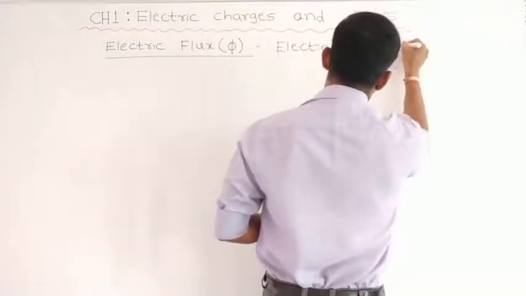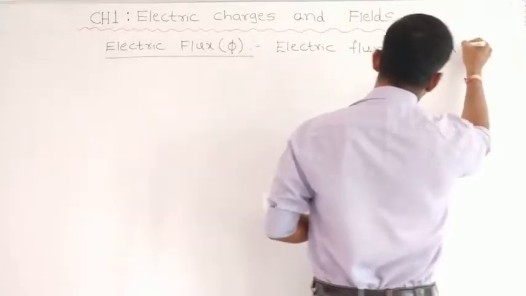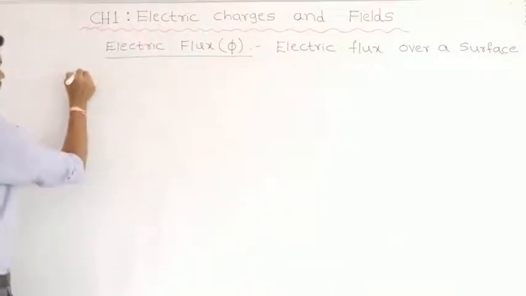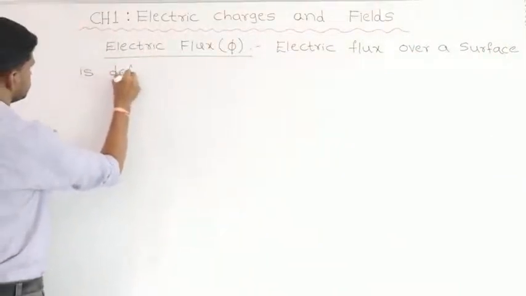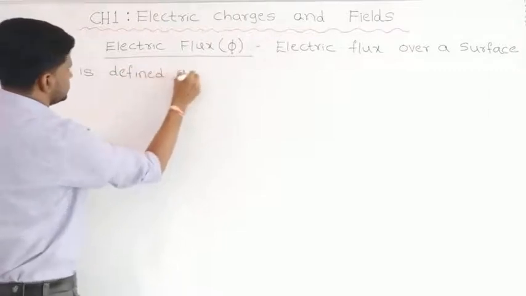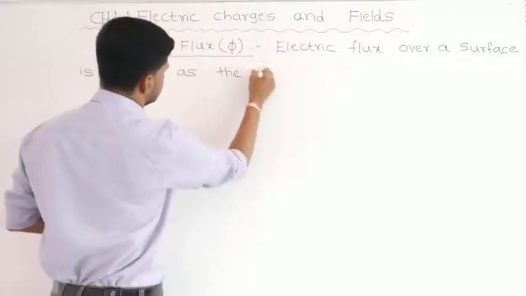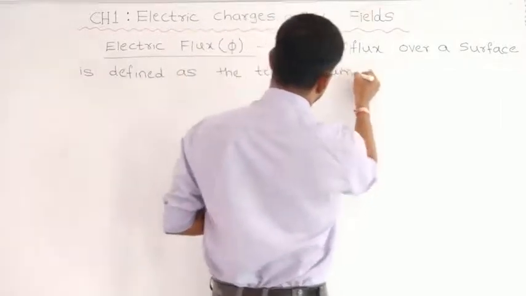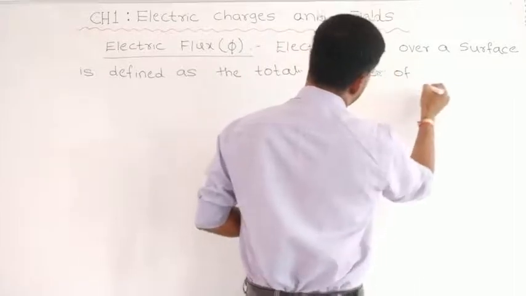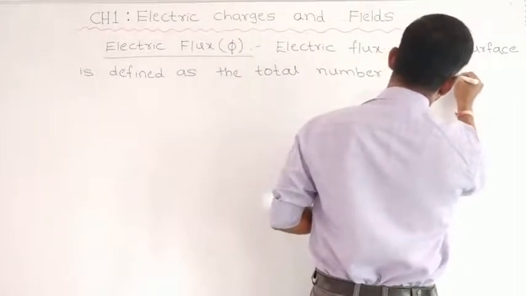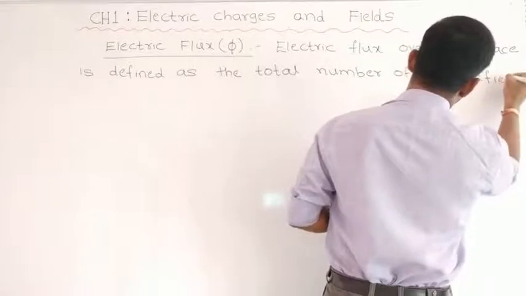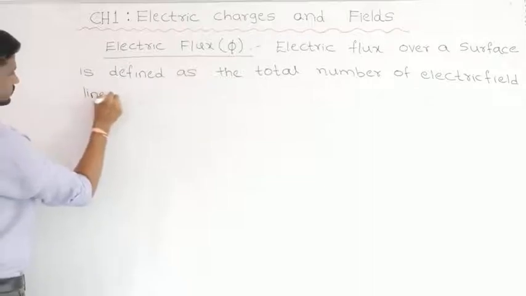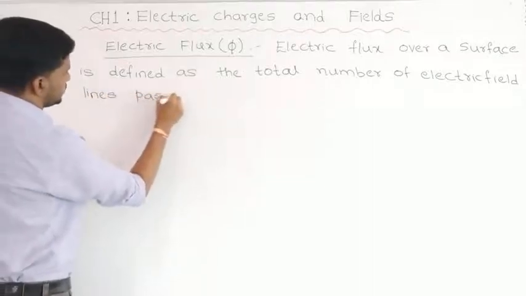Electric flux over a surface is defined as the total number of electric field lines passing through that surface.